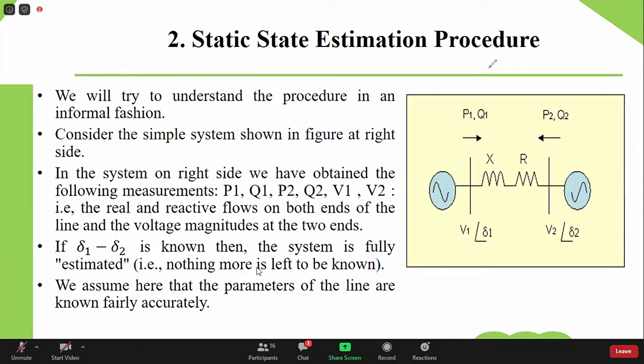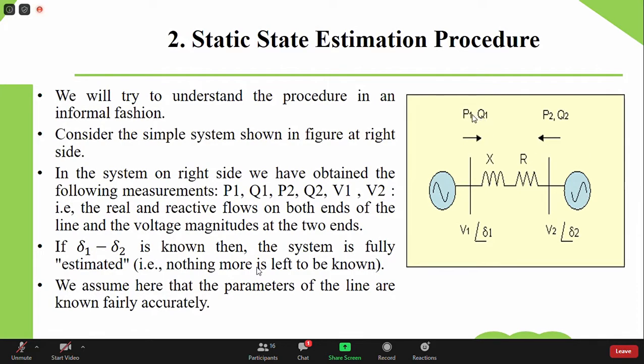But if we know del 1 and del 2, then we have fully estimated the power system. Based on the values of P1, Q1, P2, Q2, V1, V2, and del 1 and del 2, we can say in which state the power system is operating. We assume the parameters of the line are fairly accurate, and that P1, Q1, P2, Q2, V1, V2 are accurately noted, but del 1 and del 2 are unknown.